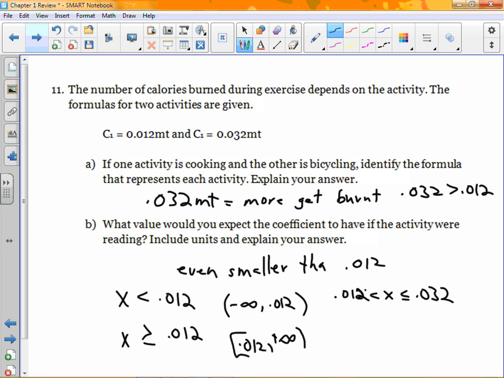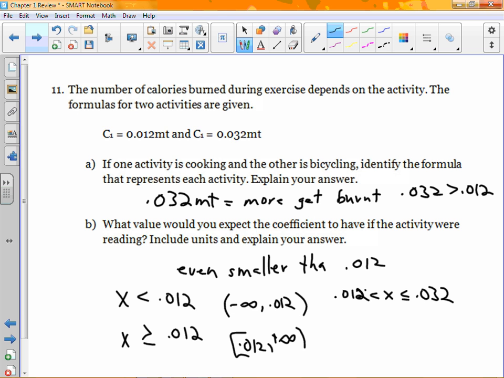So x is somewhere in the middle. Back when we did these first, I think the best analogy I drew you was with the water and the banks, and the banks of a river keep the water inside of it. So the water's in between here. So what you're looking for is the numbers in between 0.012 and 0.032. That's just between.